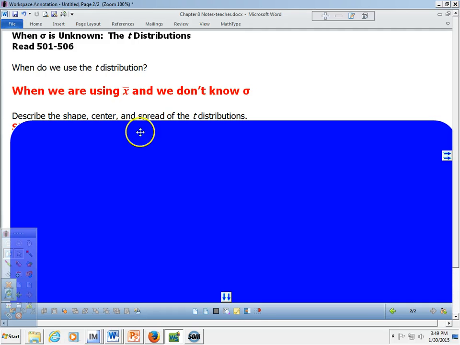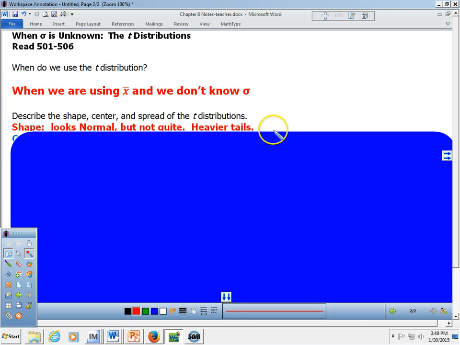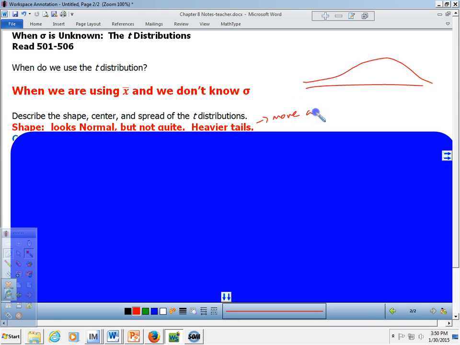So describe the shape, center, and spread of the t-distribution. Well, the shape is still going to be unimodal and symmetric. It'll look normal, but it won't quite be normal. The difference is there'll be heavier tails. And what we mean by heavier tails, the tails out here in the normal curve, is that there'll be more area in the tails.